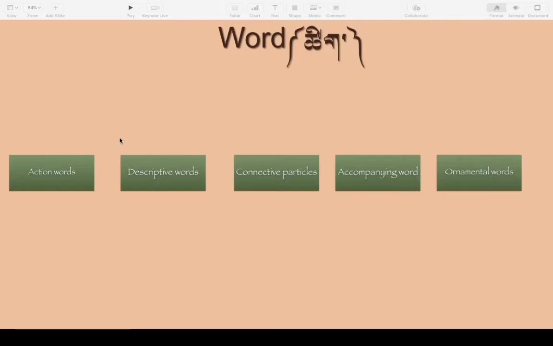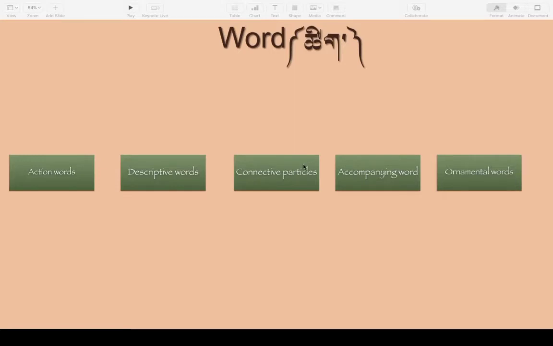Whereas connective particles and the accompanying word don't have a meaning of their own. It's only when they are added to a sentence or are added to a word that they start making sense. So therefore, we have to be very careful, because the 30 mostly revolves around connective particles.